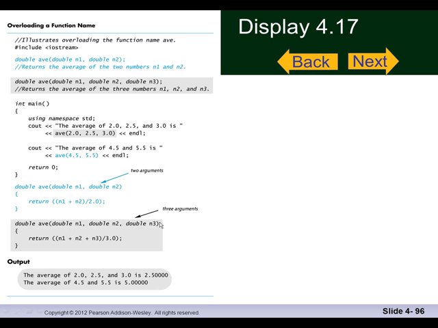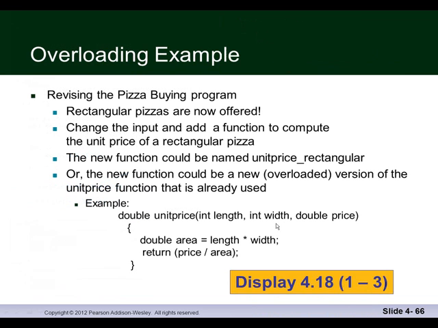If I had integer over here, it would force it to go for an integer, and it would give some kind of a warning. So I have a unit price that's going to take length, width, and the price.